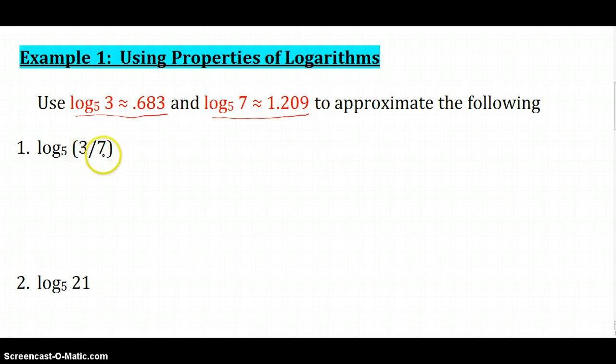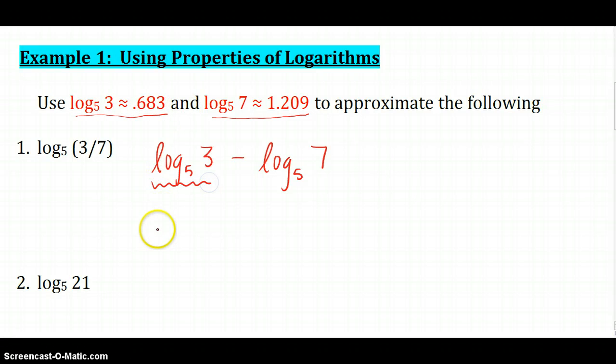If I have 3 divided by 7, division I can rewrite using subtraction. I can rewrite this as log base 5 of 3 minus log base 5 of 7. And the instructions have told me that log base 5 of 3 is about 0.683. So this is about 0.683 minus log base 5 of 7, which is approximately 1.209.